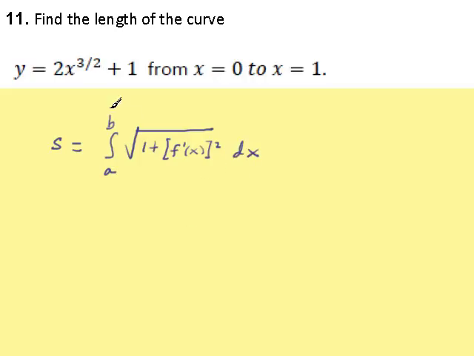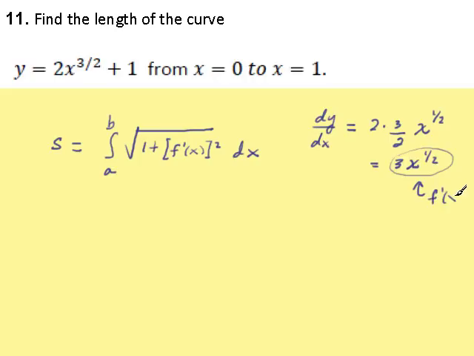All right, so here, let's find the derivative. So dy/dx is equal to 2 times 3/2 x to the 1/2, or 3x to the 1/2. So that's our f prime of x.